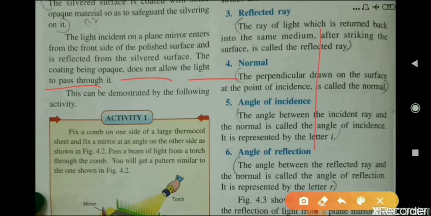Means when the light incident on this plane mirror enters from the front side of this polished surface, it falls on this silvered surface, but as it is silvered from the back, it will not allow light to pass through it. So this light gets reflected back, because the coating being opaque does not allow light to pass through it.